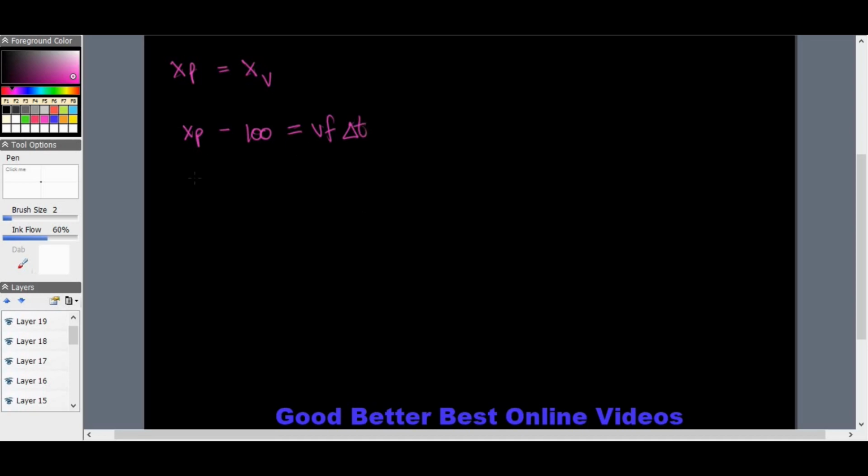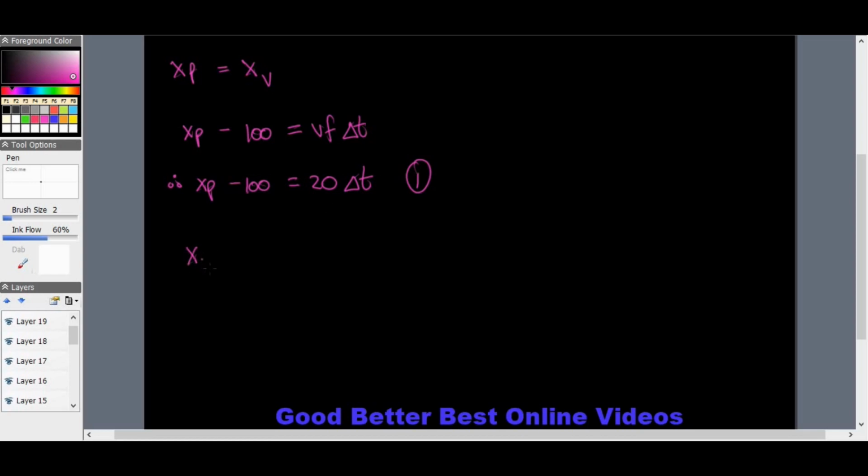I get an equation that the position of the police car minus 100 is going to equal 20, which was the final velocity of the police car, times delta t. And this is my first equation.